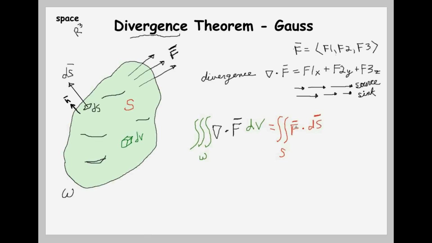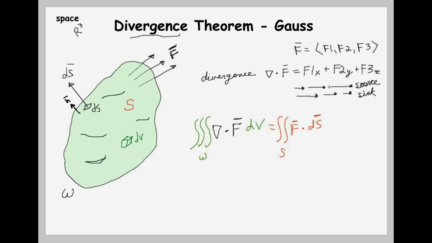So what we're saying is, a physicist would look at this and say, the flux, or the flow through the surface, is exactly equal to what's going on inside of that solid in terms of divergence. And divergence, I don't think I mentioned this, but divergence is a measure of how things are stretching or compressing.